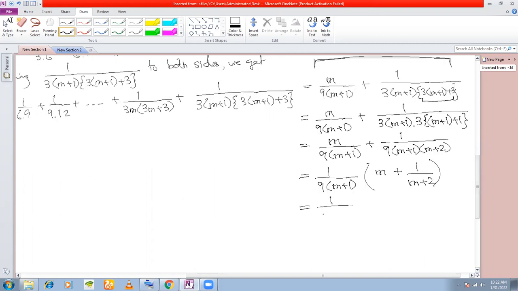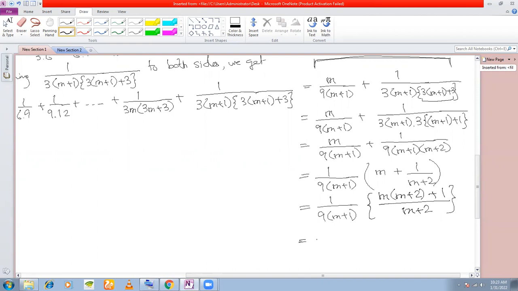So I have 1 by 9 times m plus 1, and here now if you take the LCM, you will get m into m plus 2 plus 1 divided by m plus 2.